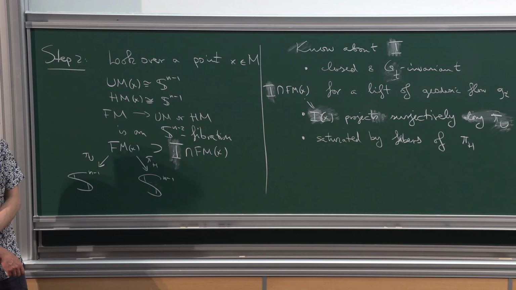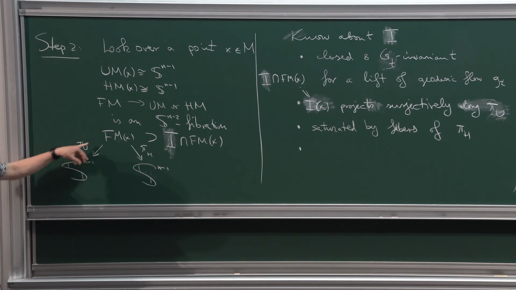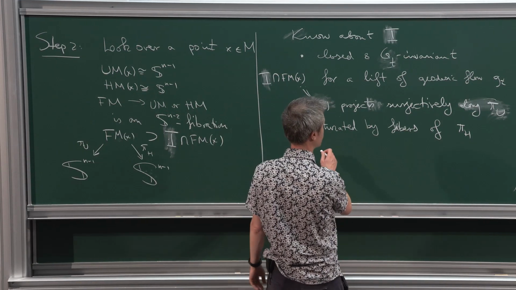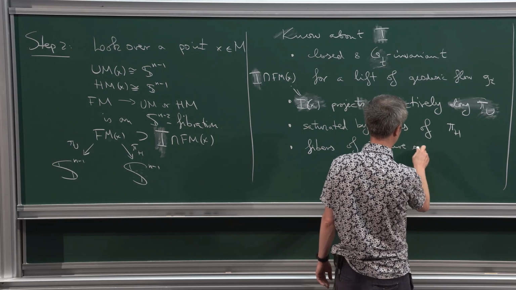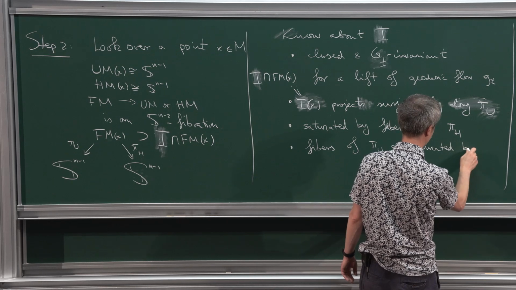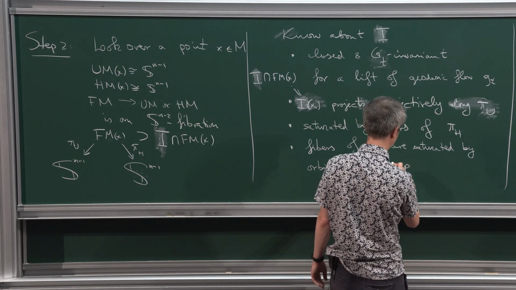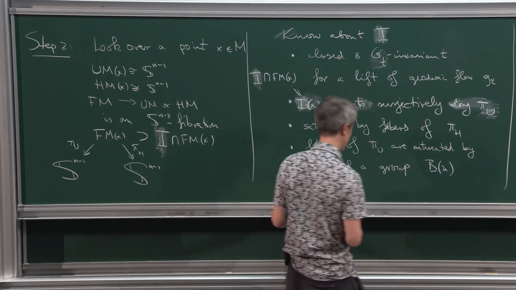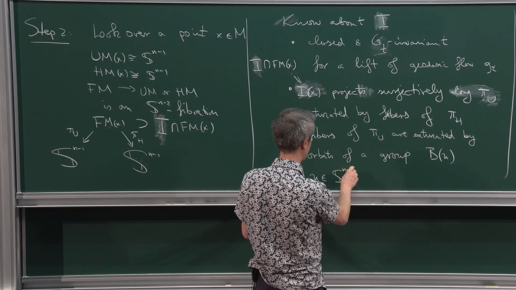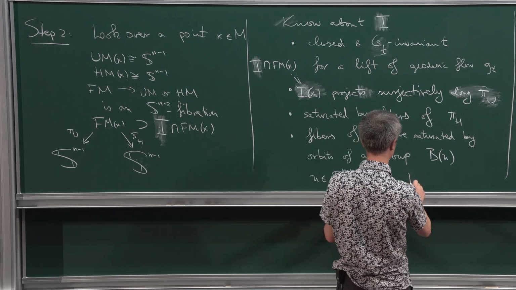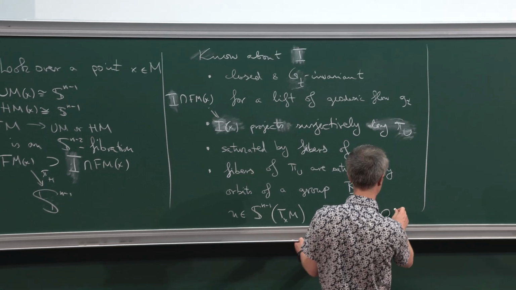Okay, and there's one more crucial input that I will use, which is that the fibers of pi u are saturated by orbits of a group, let me call this BU, where U belongs to S, the unit sphere of the tangent bundle, and BU is inside the orthogonal group of U perp.